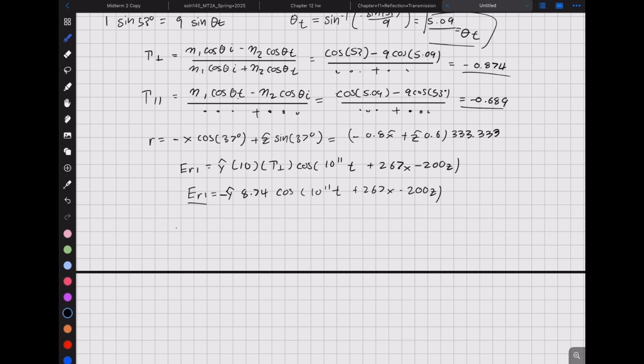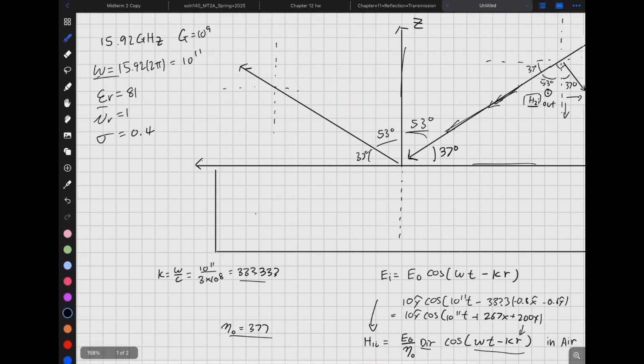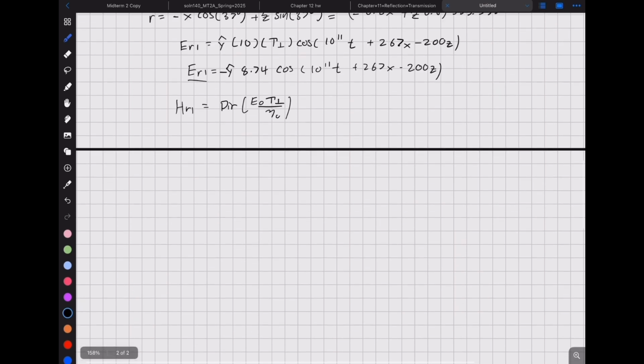To find H R of 1, we need the direction, the E naught, gamma perpendicular over eta naught, because we're still in there, as seen in this diagram. This is air up here, and water is down here. We have cosine 10 to 11 plus 267 x minus 200 z.